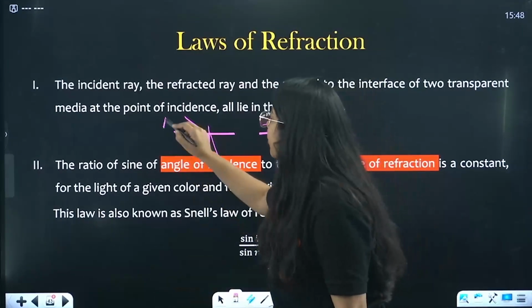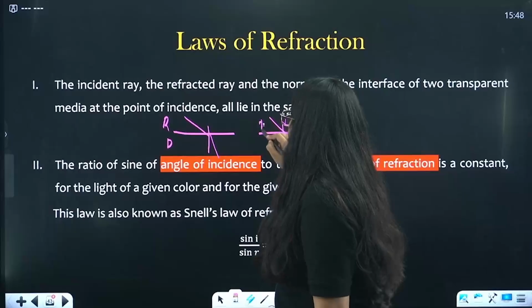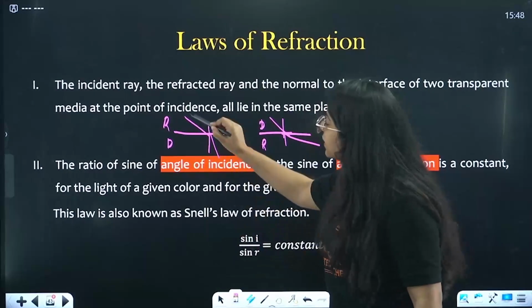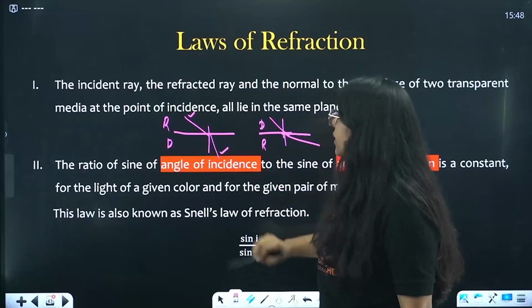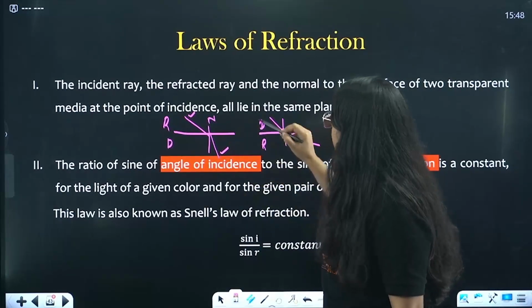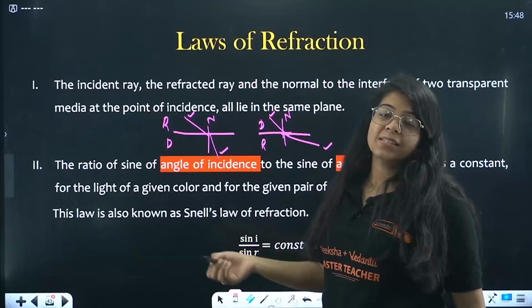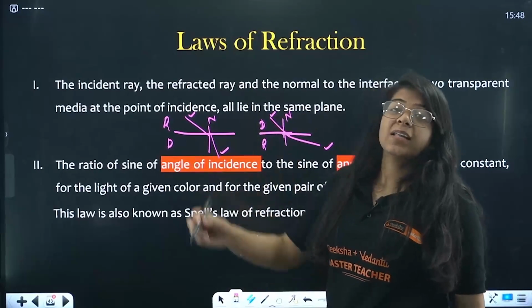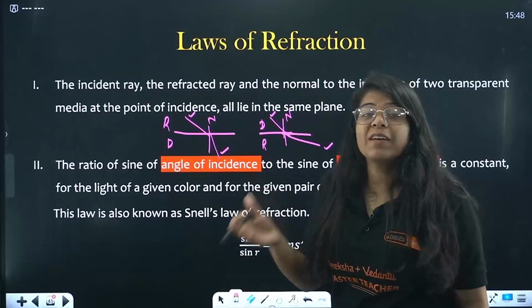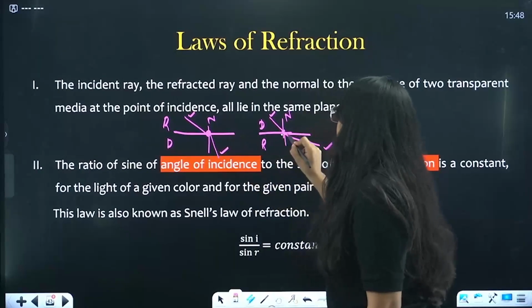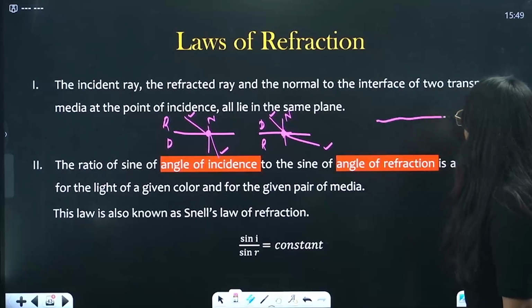The second law remains almost the same. It says the incident ray, the refracted ray and the normal all lie in the same plane. But there the normal was the normal at the point of incidence. Here beta, the definition of normal is a little bit different. Here we are drawing the normal on the surface of water.